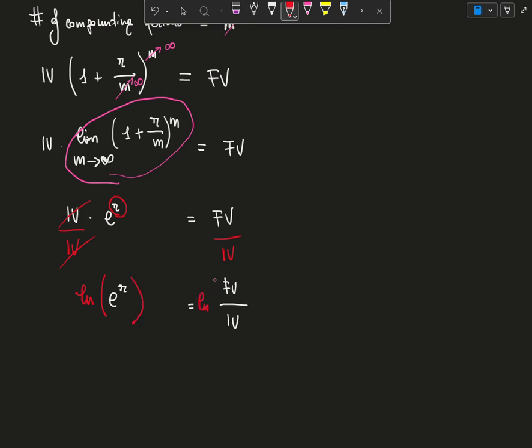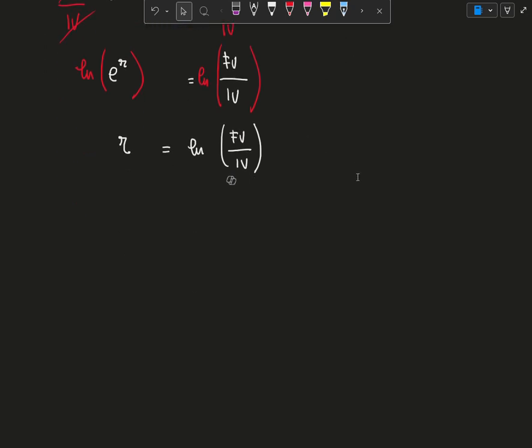So take ln of e to the r and ln of final value over initial value, and we end up being left with r equal to the natural logarithm of the final value over the initial value.